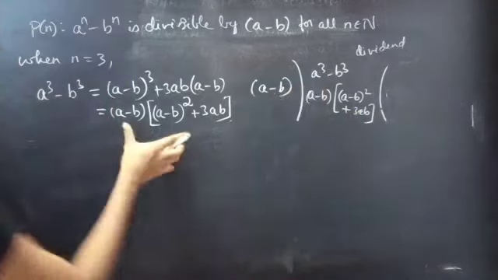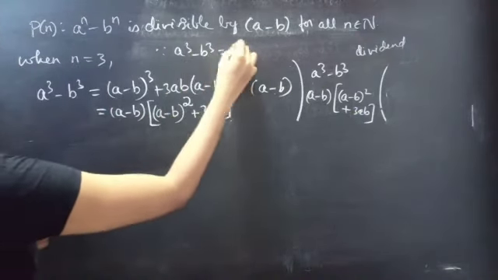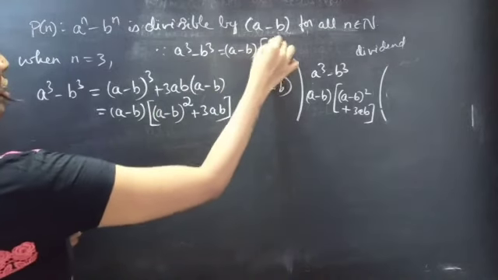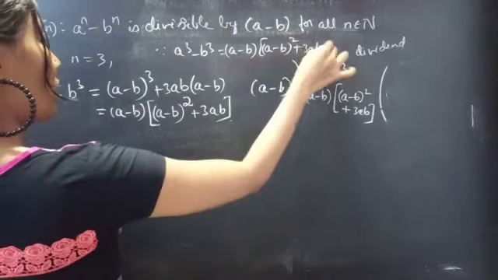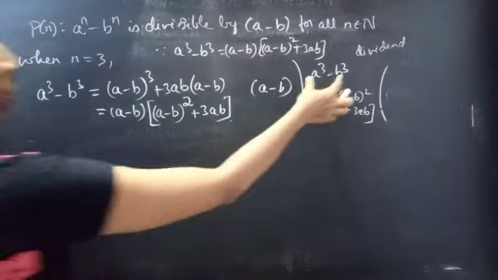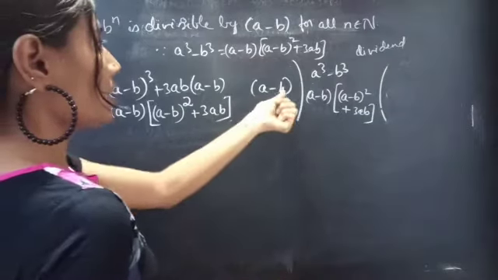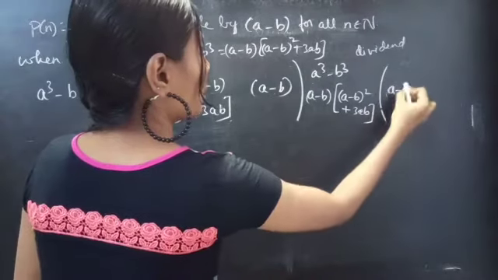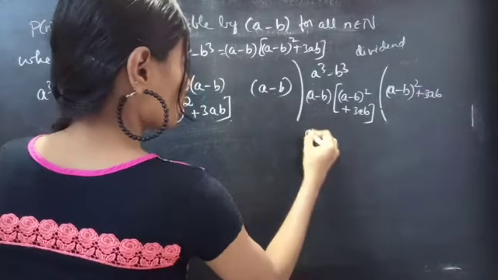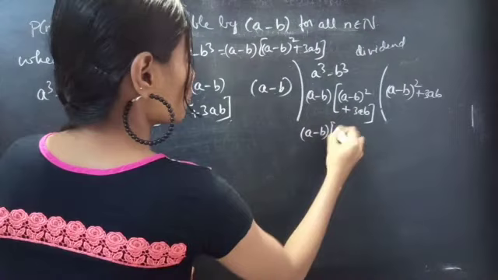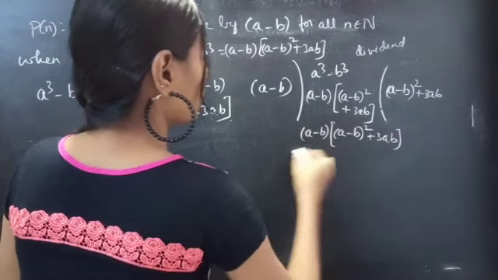Since a cube minus b cube is a minus b times a minus b whole square plus 3ab, right? So we have replaced a cube minus b cube by this. So a minus b times a minus b whole square plus 3ab divided by a minus b gives a minus b whole square plus 3ab, right?